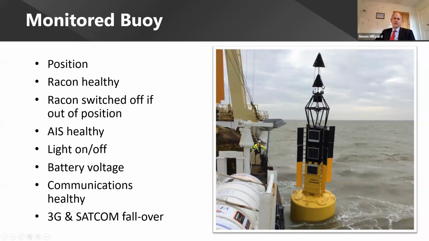It has GSM communications and satellite communications. So it's quite a comprehensive piece of kit. And these are the items that we will monitor on that buoy. But again, that is the most comprehensive of our buoy fleet.